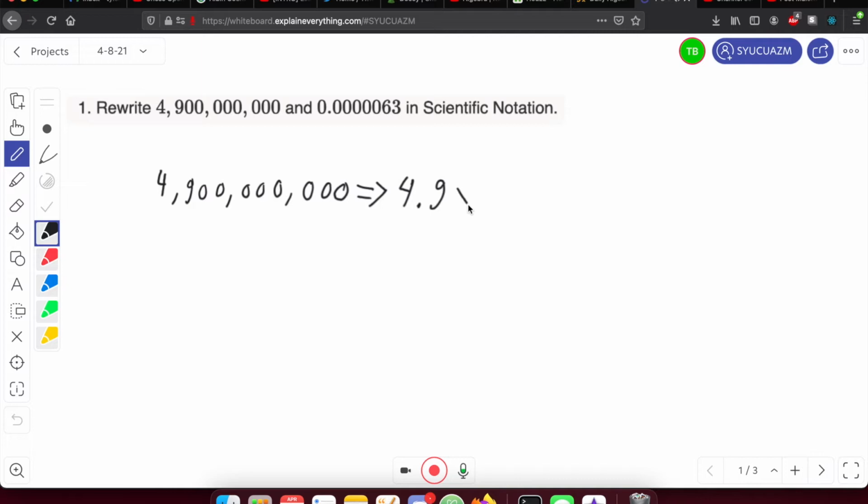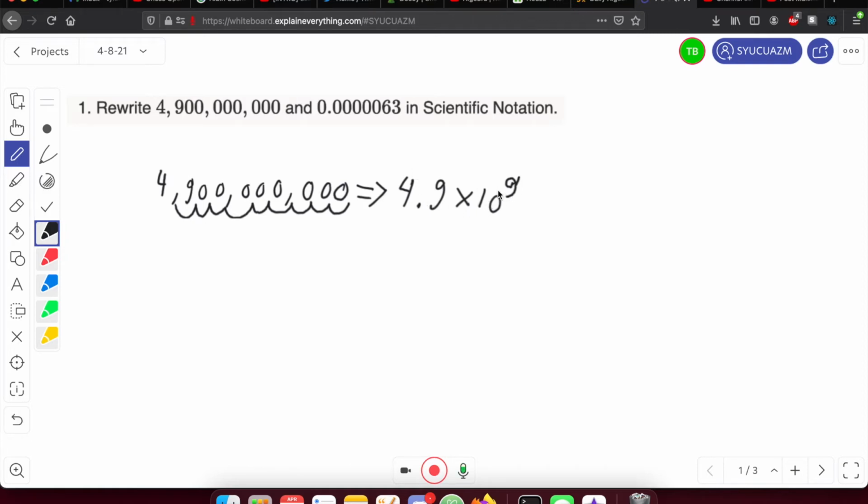So 4.9 times 10 to some exponent x. Now what is x? Well, it's the number of places that we have to move the decimal over in order to fill out this number. So we have 1, 2, 3, 4, 5, 6, 7, 8, 9 places. So it's going to be 4.9 times 10 to the 9.